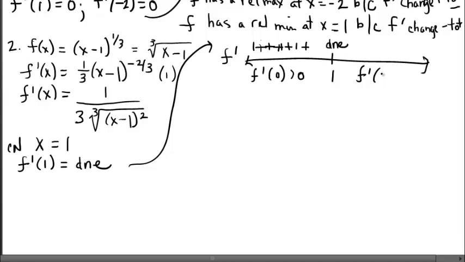All right, f prime of 2. Plug in 2, subtract 1, and you're going to get a positive output. So what that's telling us is the function's increasing, the slope doesn't exist, and then it continues increasing.